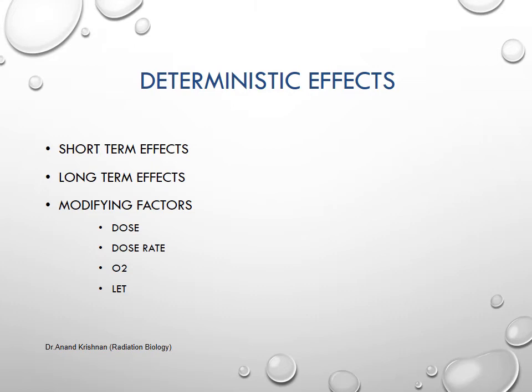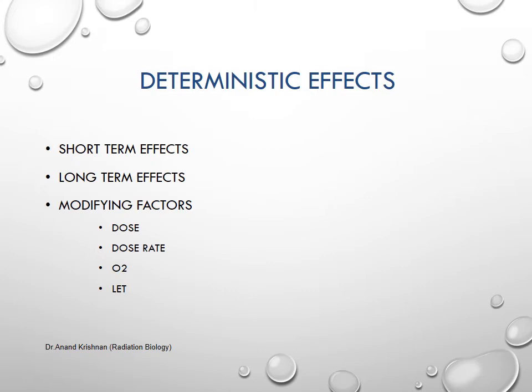Whereas non-stochastic effects are more of a somatic effect that have a threshold and that increase in severity with increased absorbed dose. That is repetition of ionizing radiation which is absorbed by the body.